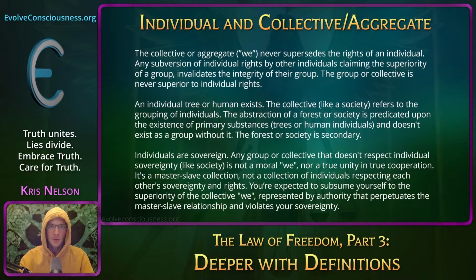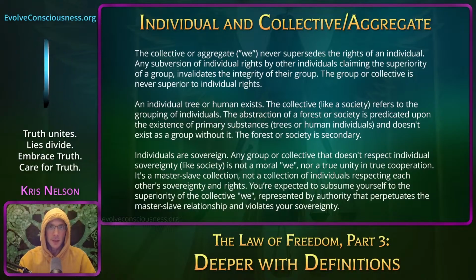Individuals are sovereign. Any group or collective that doesn't respect individual sovereignty, like the collective known as society, isn't a moral we. They're not a moral society, nor are they a true unity in true cooperation. If you want true cooperation and true unity, you have to go through morality. Otherwise, you have bullshit unity, bullshit cooperation.